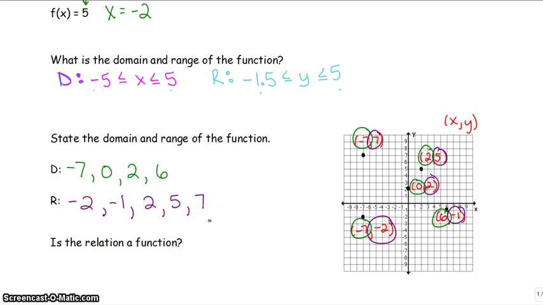Now, is this relation a function? A couple different ways you could do that. You could do a mapping. So we've got -7, 0, 2, 6 as our x's.